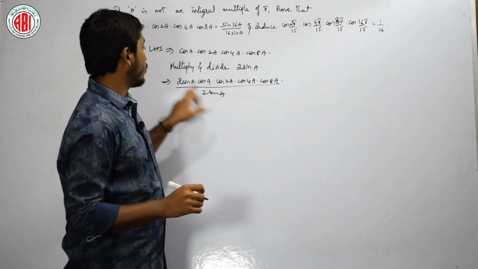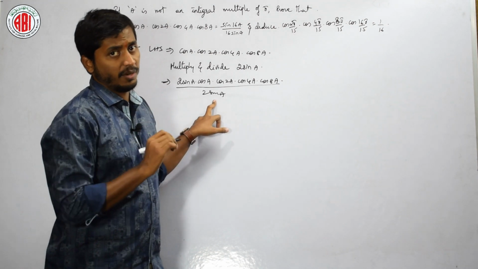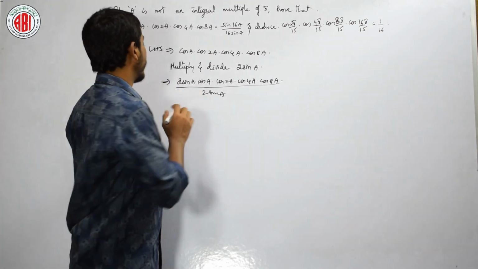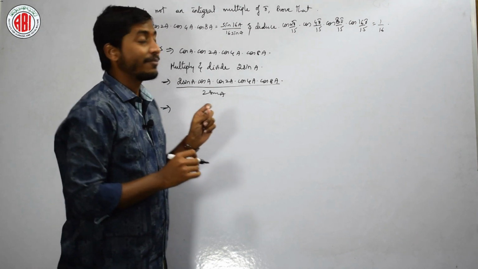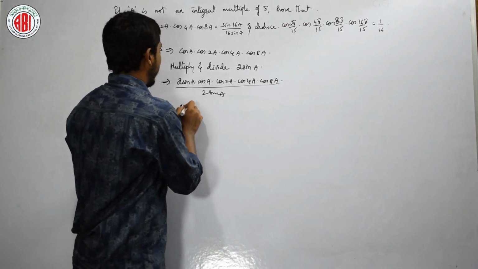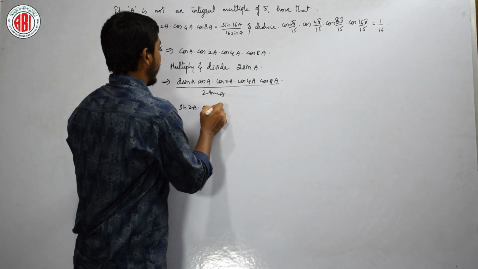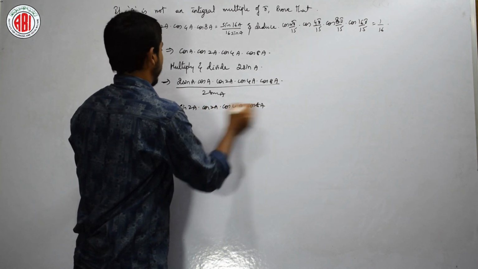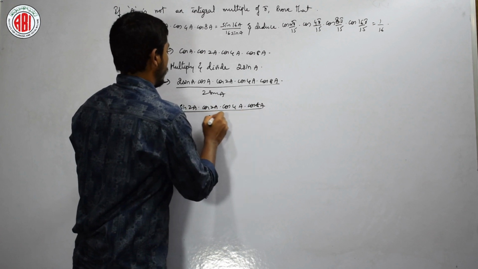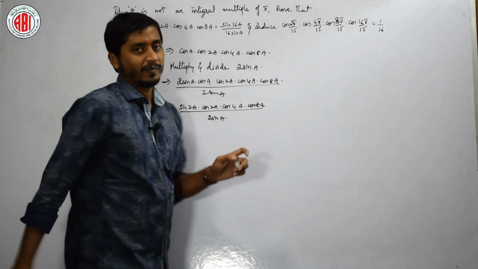We have multiplied 2 sin A to the numerator and the denominator. Is it right? Now see here, what is the value of 2 sin A cos A? It is nothing but sin 2A, isn't it? Hope you got how to do the next step, right? This is 2 sin A, isn't it?